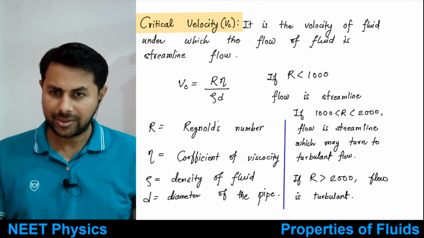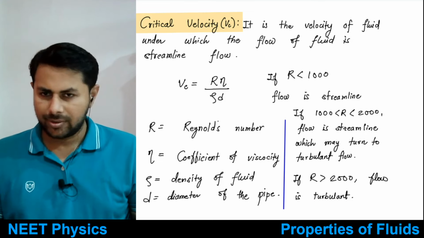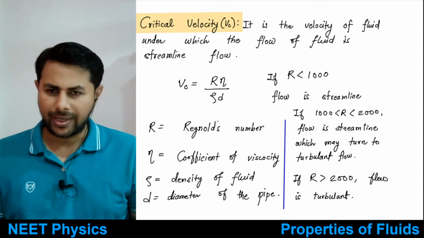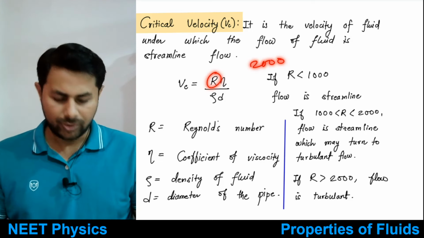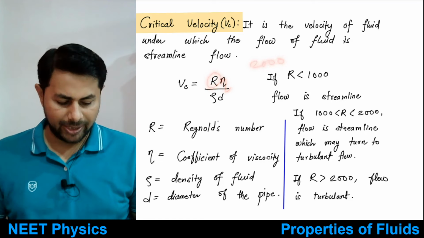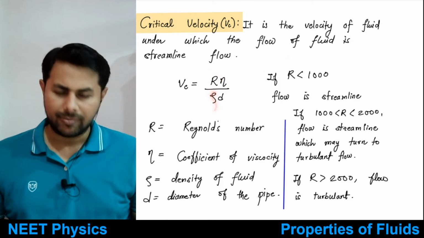Based upon that, there might be a question to find out the critical velocity for a certain fluid. So you will put Reynolds number equal to 2000, and the coefficient of viscosity, rho and d might be given.